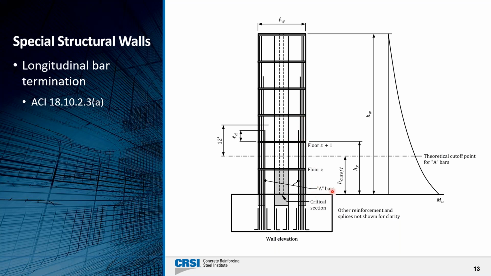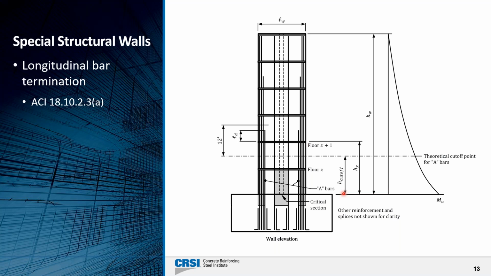So we've labeled those as the A bars here, okay? So from the moment diagram, we can find out theoretically we can cut those bars off and the wall would be adequate for flexure and axial load at a distance of h sub cutoff from the critical section, which is the top of the foundation.